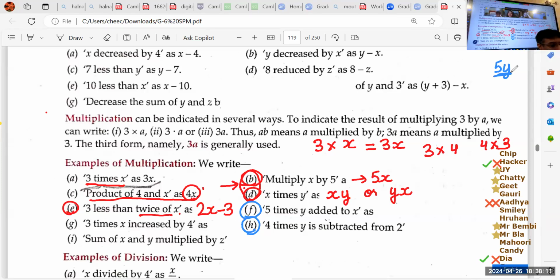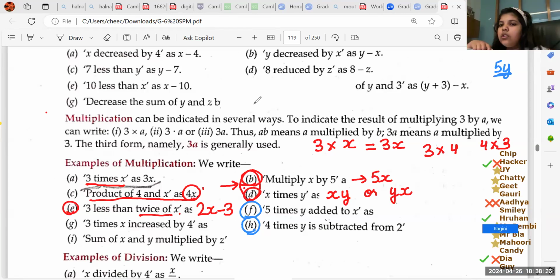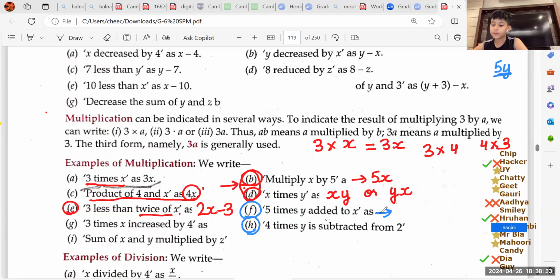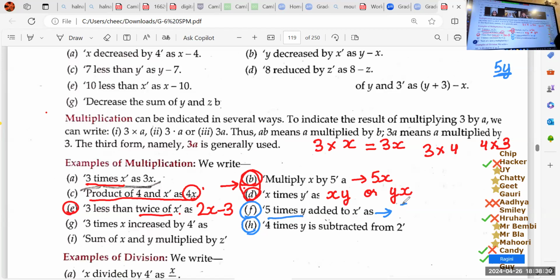So Candy, Mahuri, Rohan, Smiley, yes, sir, sent. Gauri and Chip. Oh Gauri, where is my answer? Okay, Gauri, what's the first answer? 5 times y is 5y.